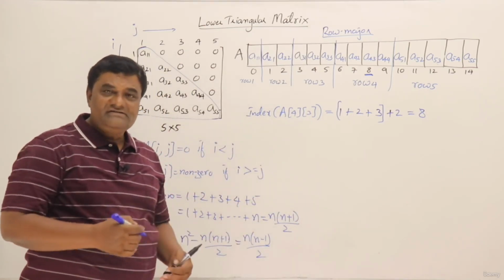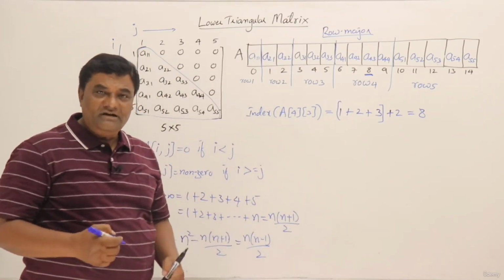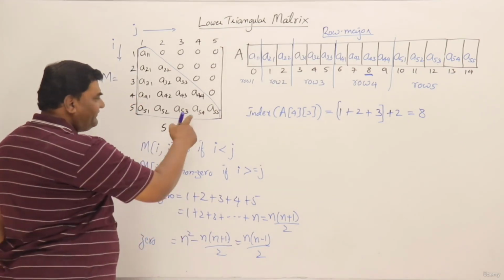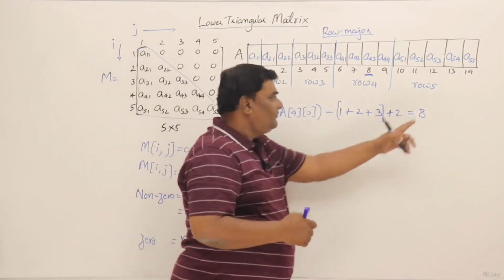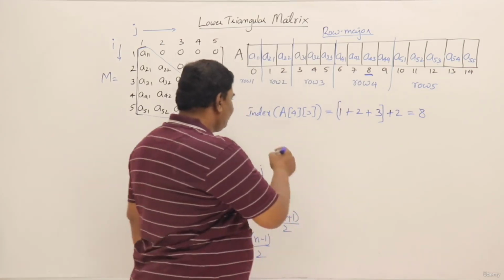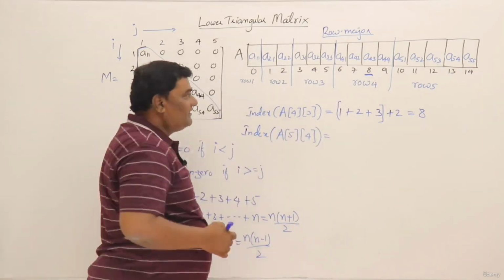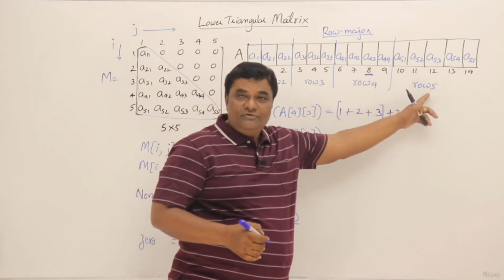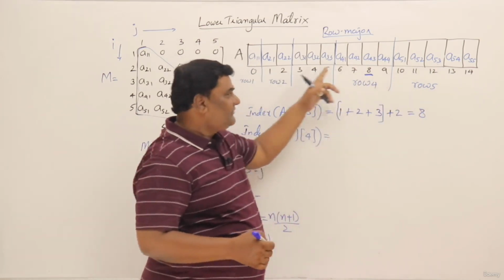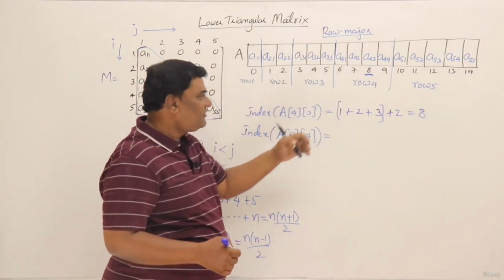Let us take one more example and then we will build a formula. Suppose I want to access 5, 4. So 5, 4 is present at 13. What should be the index of 5, 4? 5, 4 means I should go to the 5th row. For that I should cross over 4 rows.